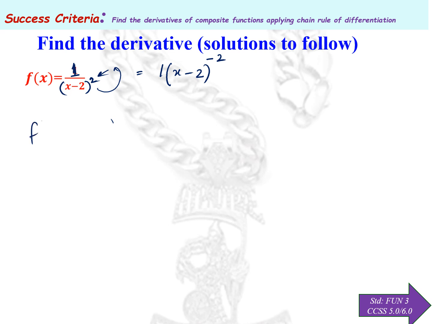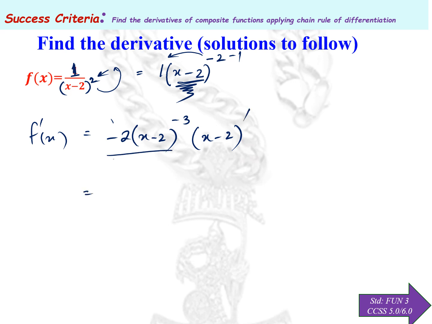Now take the derivative. So negative 2 times 1 gives us negative 2. Write the inner function 1 time as it is. From the power subtract 1, which gives you negative 2, negative 1, negative 3. Write the inner function, only the function written inside the bracket, as it is, and put a prime on it.